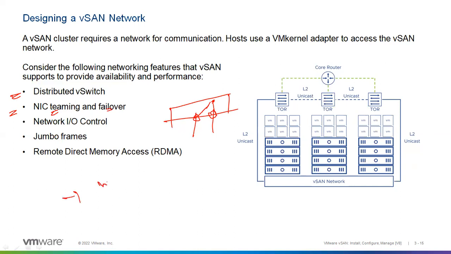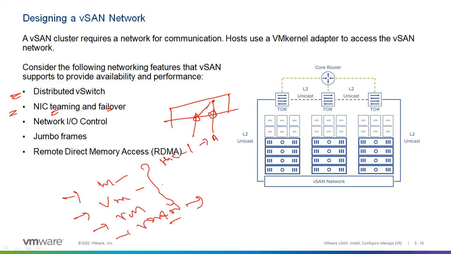Let's take another example. We have management, vMotion, virtual machine and vSAN traffic, on 10 GB. For the first 3 traffic types, with different port groups, NIC 1 will be active and NIC 2 will be standby.